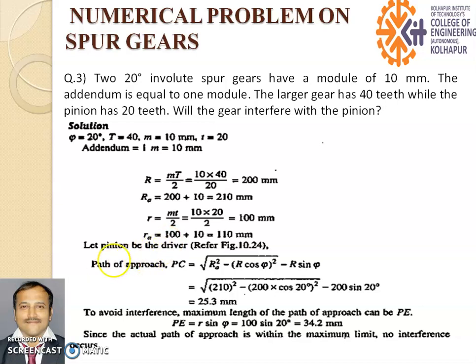To avoid interference, the maximum length of path of approach can be P. So P is equal to small r sin phi, which is 100 mm into sin 20 degree. 34.2 mm is the value of P. Since the actual path of approach is within the maximum limit, no interference occurs.